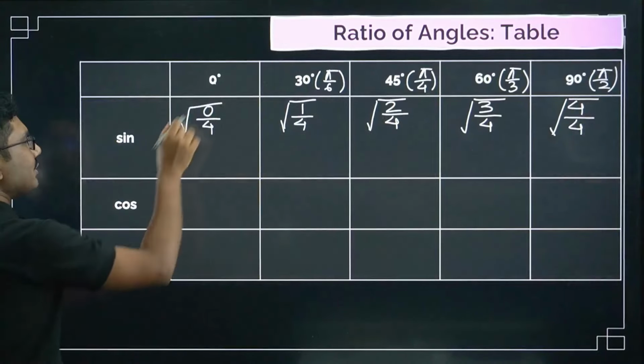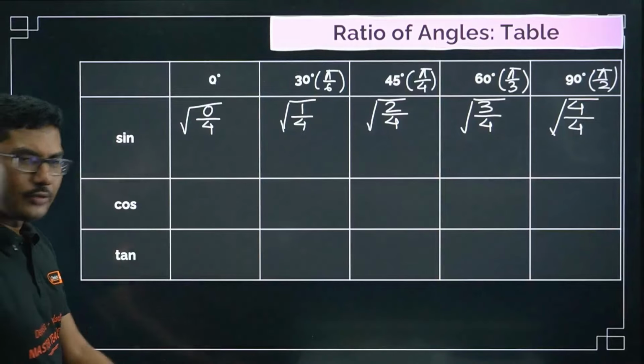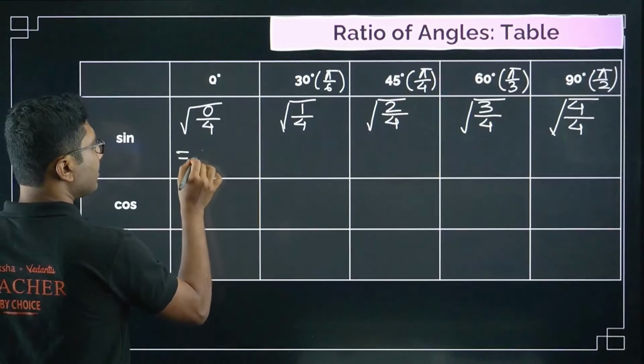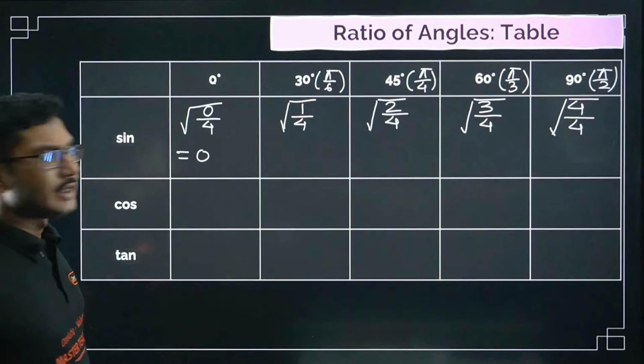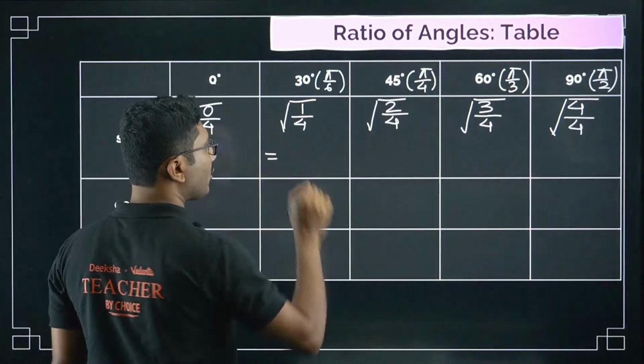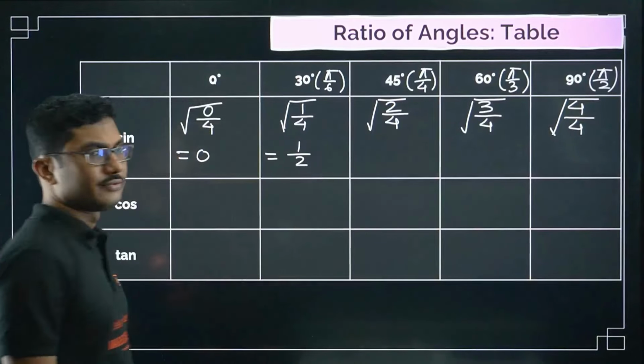Right. Now 0 by whatever it is always 0, and square root of 0 is also 0. So it will be 0. Now 1 by 4 square root is what? 1 by 4 square root of 1 is 1, square root of 4 is 2, so it will be half.